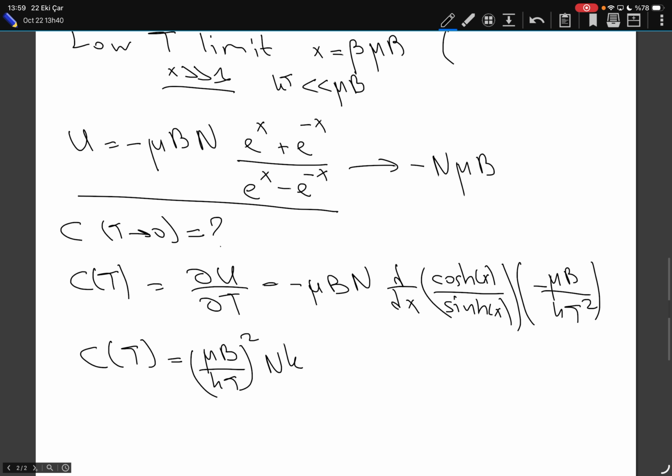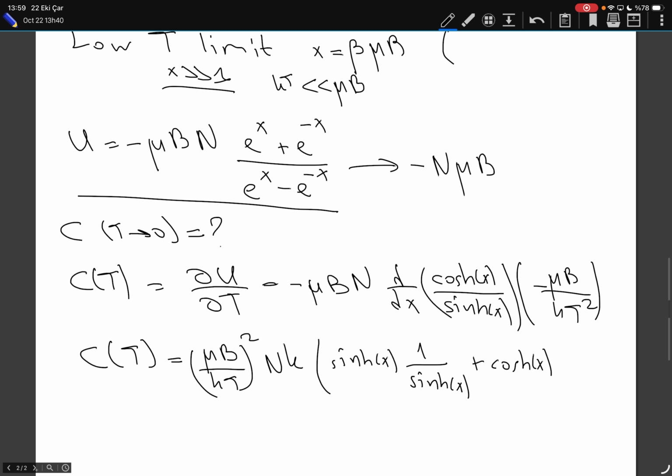Well, the derivative of cosine hyperbolic is sine hyperbolic, so it's sine hyperbolic of x times 1 over sine hyperbolic of x, plus cosine hyperbolic of x.